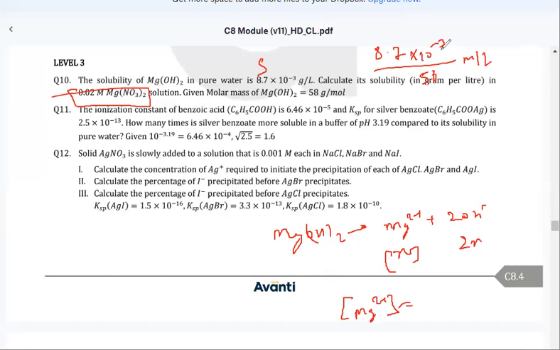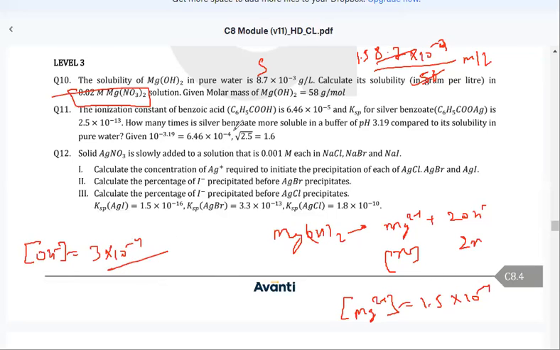If you take it as 10 to the minus 4 and 87, you will get this closely approx 1.5. The concentration of Mg2 plus is 1.5 into 10 to the power minus 4, the value of X, and the concentration of OH minus is twice of this. So the concentration of OH minus is equal to 3 into 10 to the minus 4.